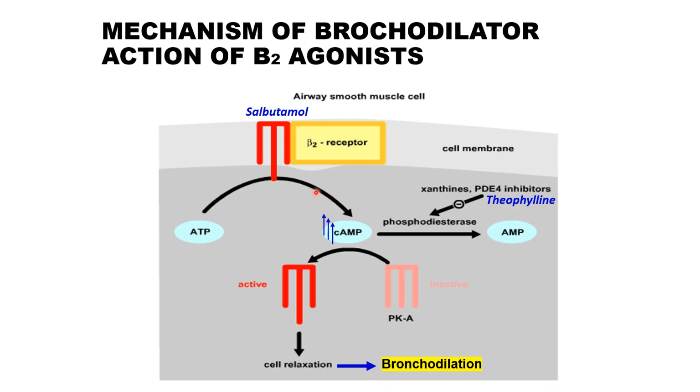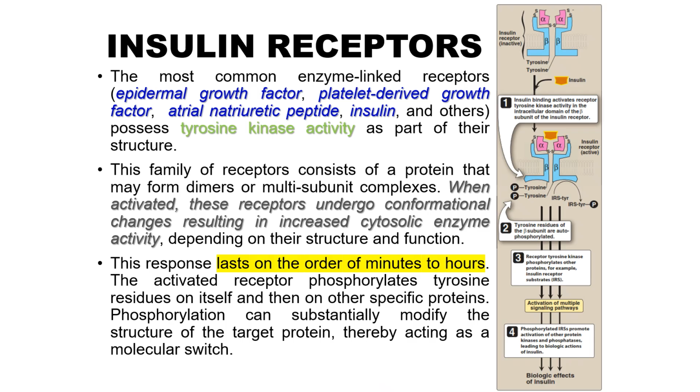The ultimate outcome will be increased cyclic AMP and bronchodilation. Both of these drugs can be used effectively for the treatment of bronchial asthma, and especially the bronchoconstriction attacks during the acute attack, to relieve the bronchoconstriction by increasing cyclic AMP and ultimately leading to the bronchodilation.